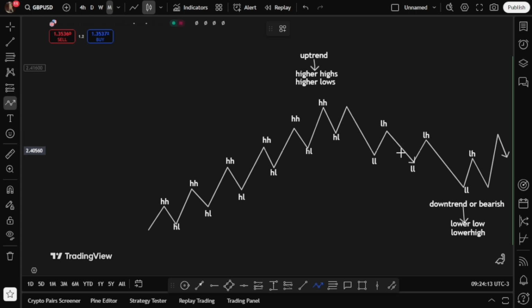Now before a lower low can be called a lower low, like this lower low, it must be able to break significantly below this lower low.